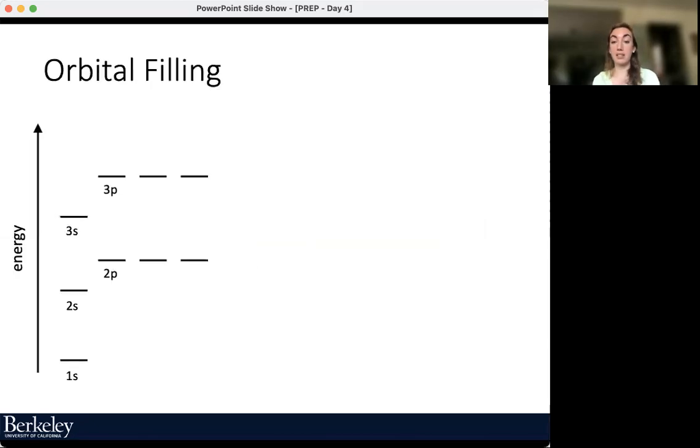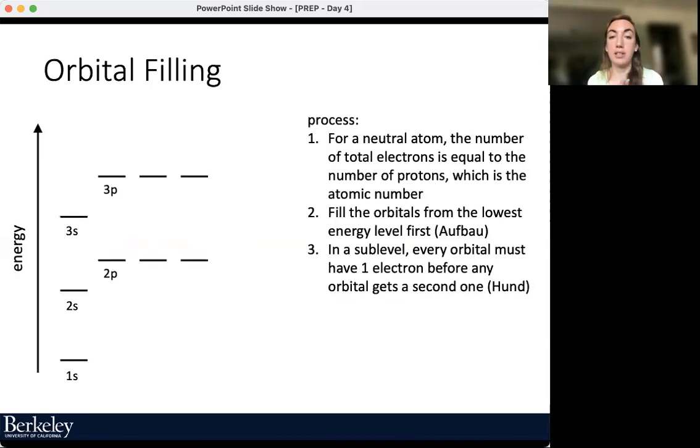So the process is, the first thing you do is you figure out how many electrons you have. Let's say you figure out you have 4 protons, and so you therefore have 4 electrons.